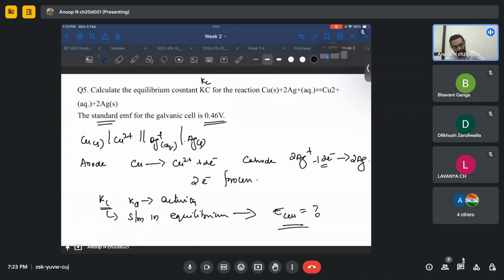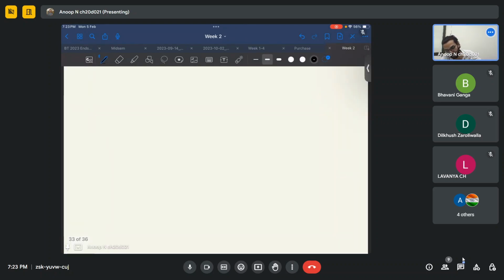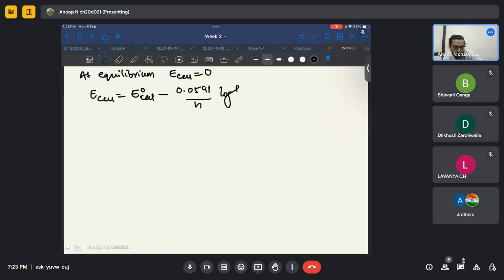So I'll solve this problem. At equilibrium, E cell equal to 0. So what is the formula? E cell is equal to E0 cell minus 0.0591 by n log Kc. Note that log Kc. So we can write 0.